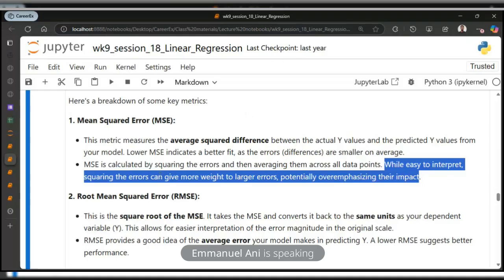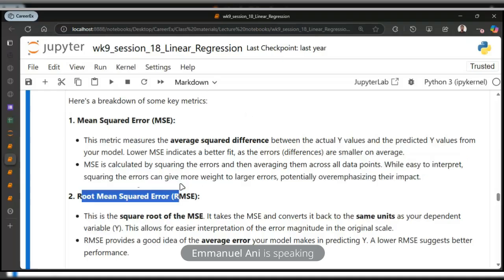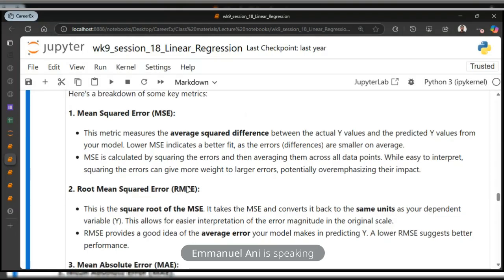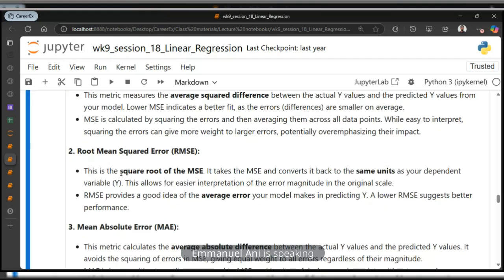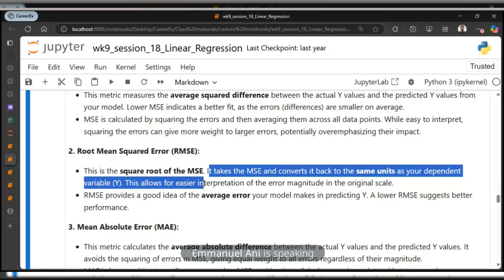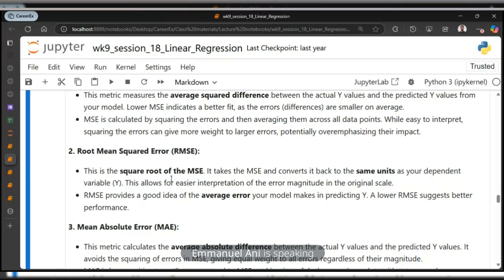All right, so we have root mean squared error. Root mean squared error takes the square root of the mean squared error and converts it back to the same unit as your dependent variable. This allows for easier interpretation of the error magnitude in the original scale.